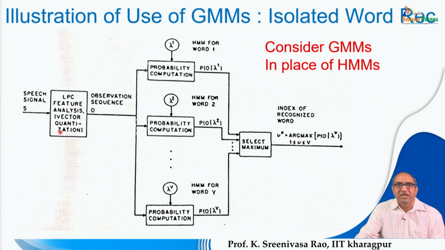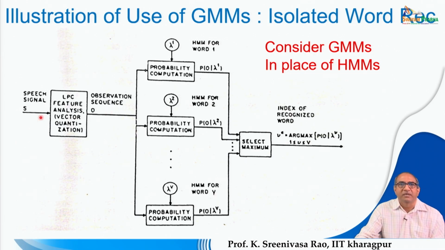If we want to perform in the discrete domain, these feature vectors are passed through vector quantization, because the derived feature vectors are continuous in nature. They become discrete depending upon the codebook size. If the codebook size equals 1024, the feature vectors we use for modeling will be only 1024 distinct ones, or otherwise 512, something like that.